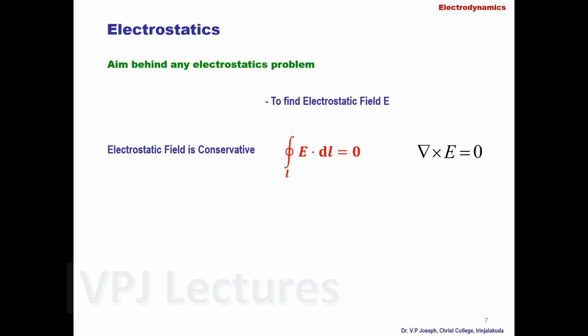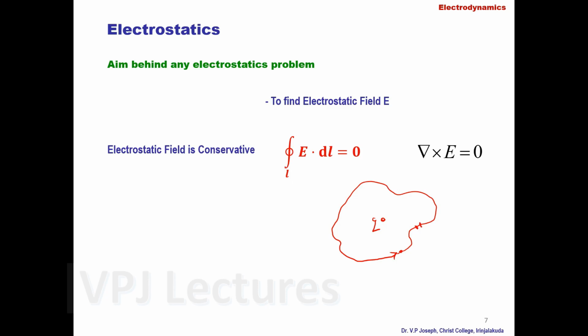That is represented here as line integral E dot dl. E is actually a force, that is force on unit charge. E dot dl is force times distance, so it is work. So the closed line integral of E dot dl is equal to 0. So if we have a point charge here, then a test charge placed at this location is moved here and there, and finally it reaches the same position again.